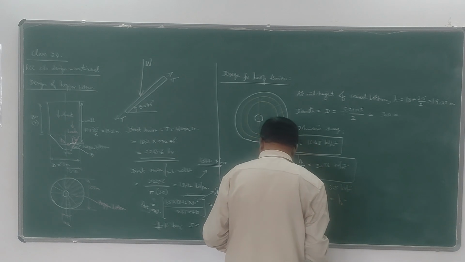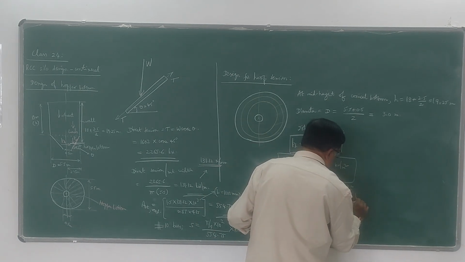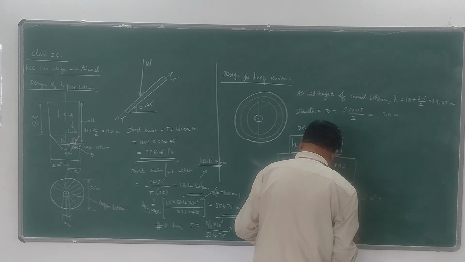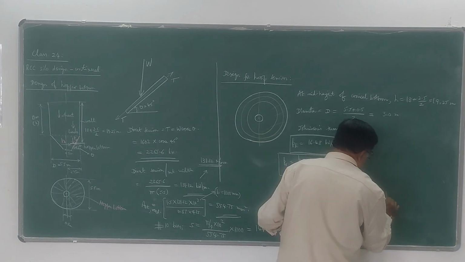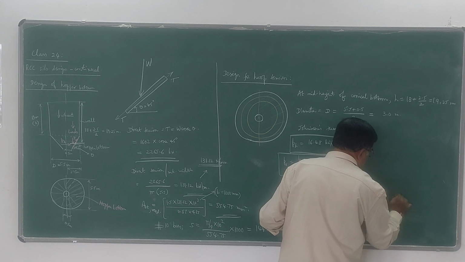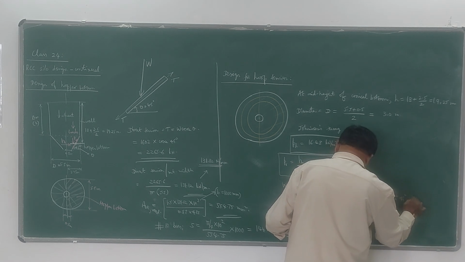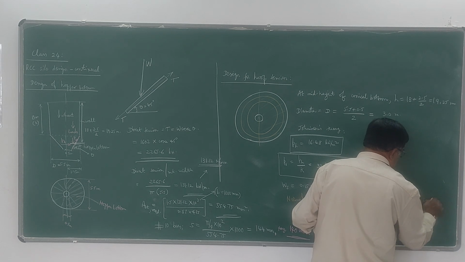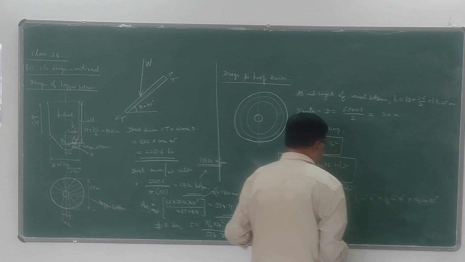Pn is given by PV cos square 45 degrees plus PH sin square 45 degrees plus Ws cos 45. Better you remember this formula. 45 is the theta angle.